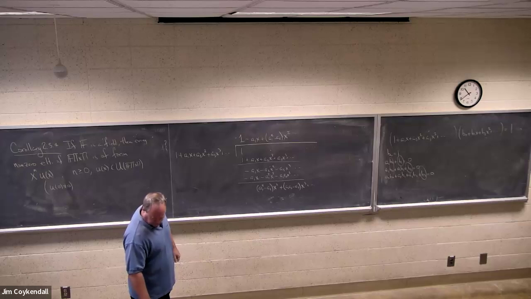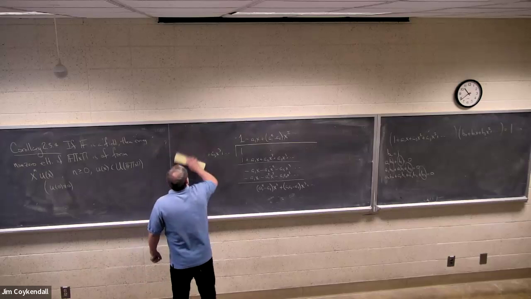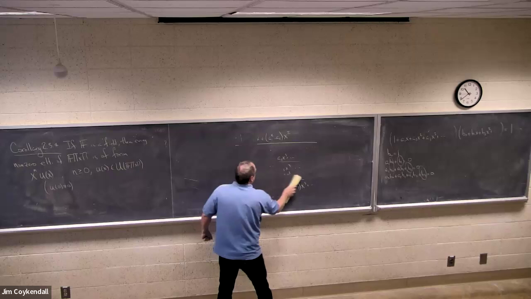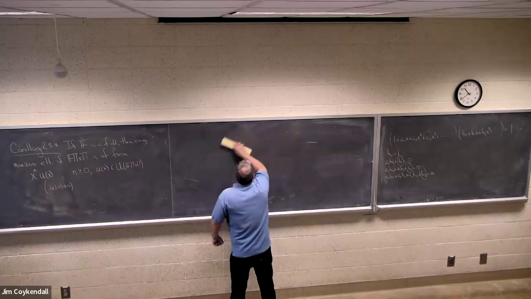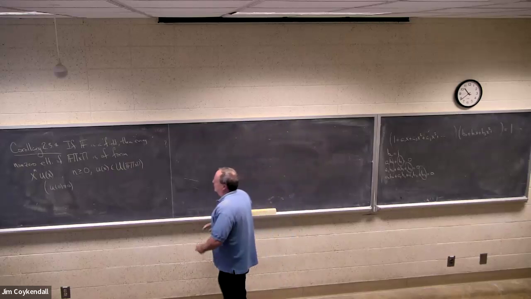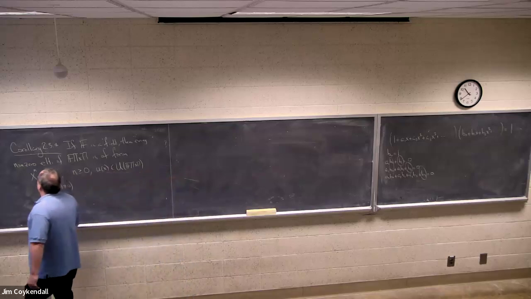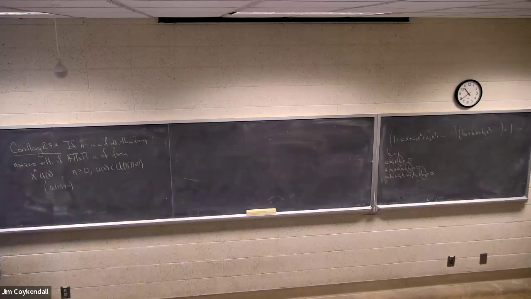So in particular, if you take a non-zero element of this, just take the power series, factor out x to the n. You can always factor out x to the n out of any power series.